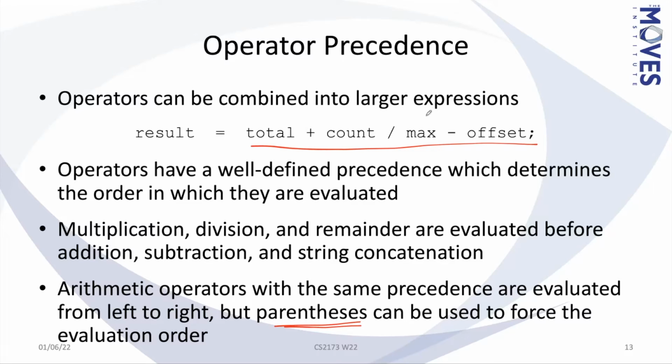The way this would be evaluated, because division has higher precedence than addition or subtraction, is that this would be evaluated first, so you would have this quantity and another quantity and a third quantity separated by a plus and a minus, and then they would be evaluated left to right. So this plus this minus this.